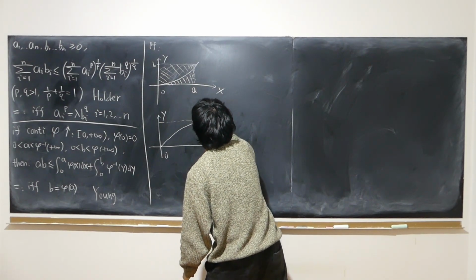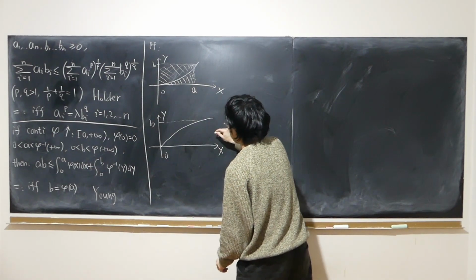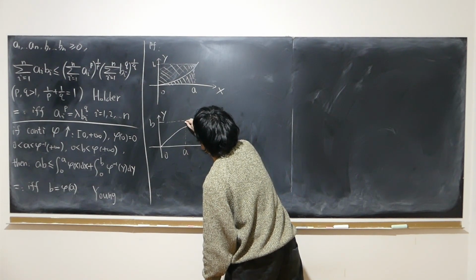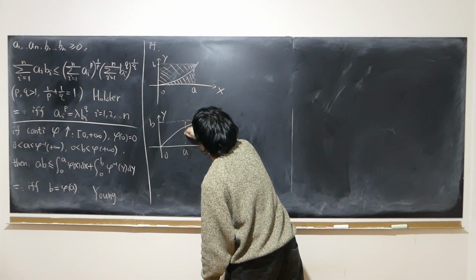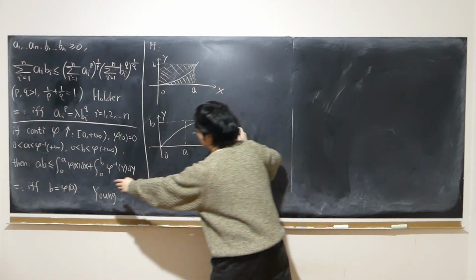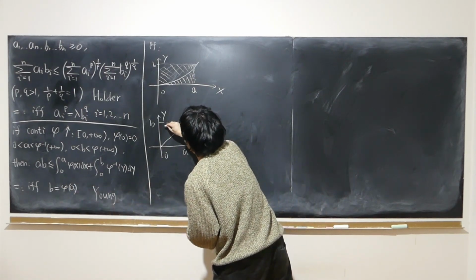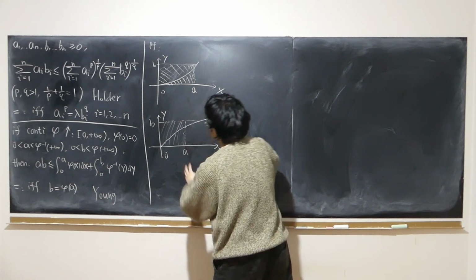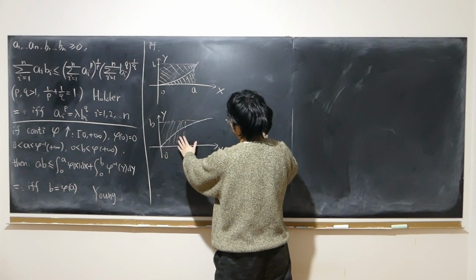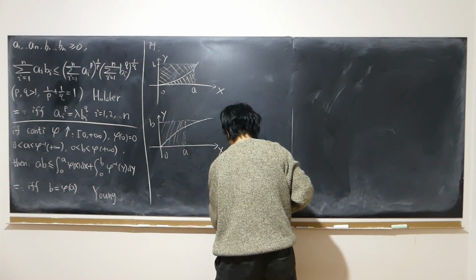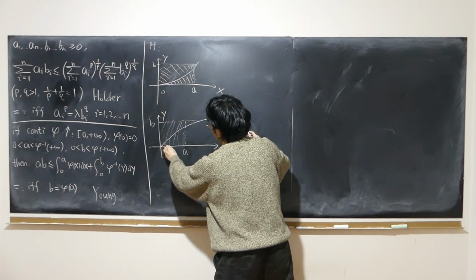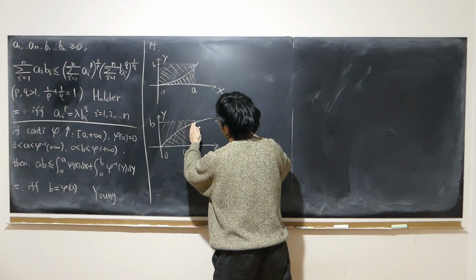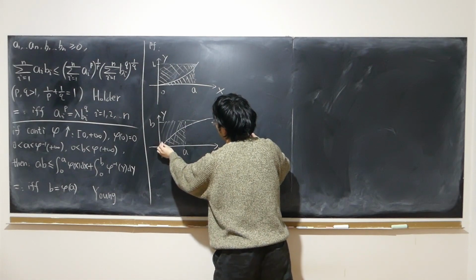So this is b, and maybe a is somewhere here. Again, ab represents the area of this rectangle. Of course, it will be smaller than the area under this curve plus the area under that curve.